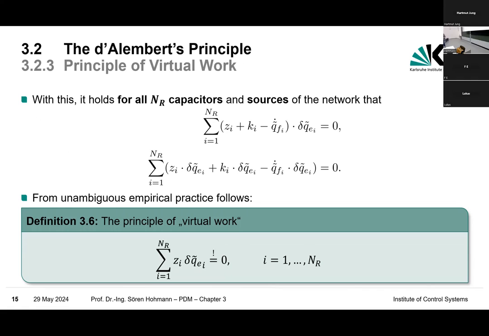With that, there is a principle which is called the principle of virtual work. The principle of virtual work says if you virtually shake the flows which are in the network, it does not produce work at all.